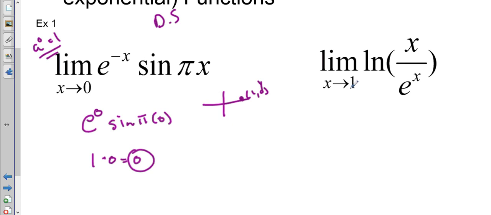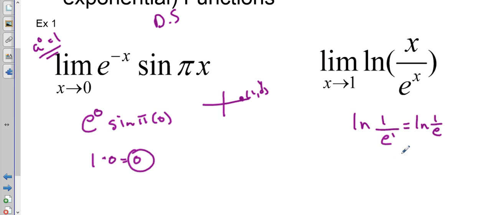Now, same thing over here. If we plug a 1 in here, we have natural log of 1 over e to the first. Well, what would that equal? That would just be natural log of 1 over e. Now, we can simplify this.